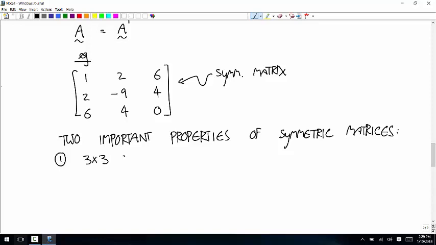So a 3x3 symmetric matrix. How many total elements are there in a 3x3 matrix? 9, but a 3x3 symmetric matrix only has 6 independent values.